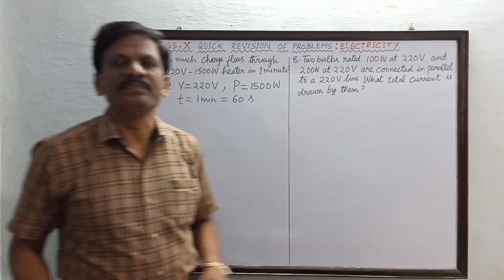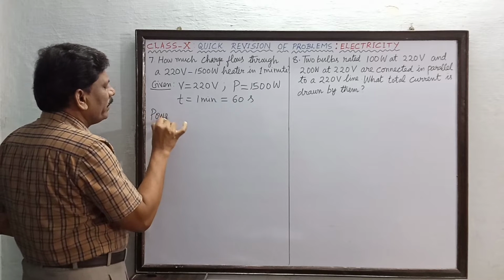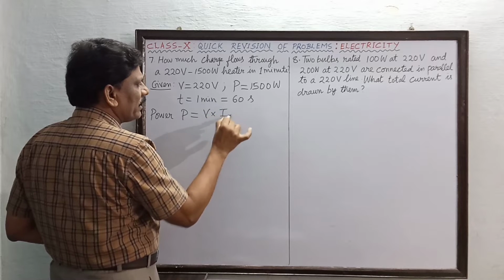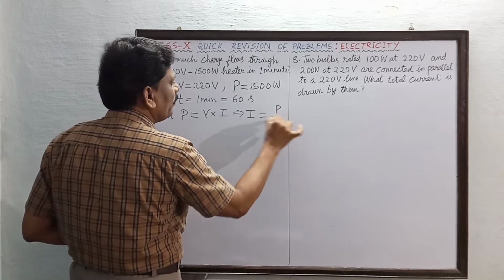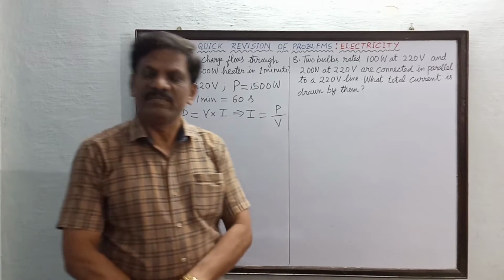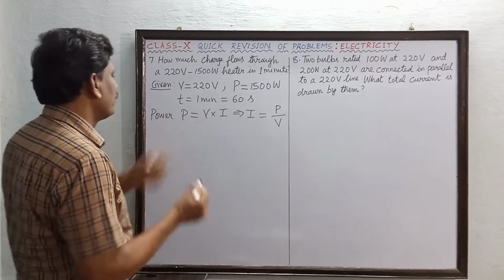These are all given. Now first of all, power P is equal to voltage into current. This implies current is equal to power by voltage. This basic equation you must remember. So we substitute power is equal to 1500.